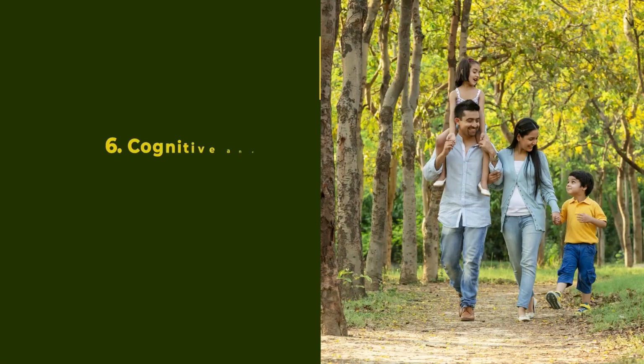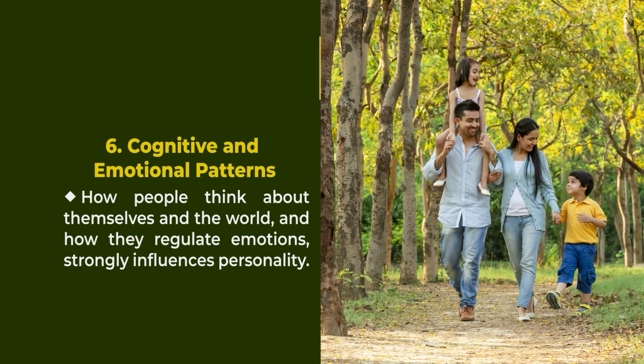Another set of factors that influence personality is cognitive and emotional pattern. So how people think about themselves, what they tell themselves and about the world, and how they regulate their emotions strongly influences their personality.